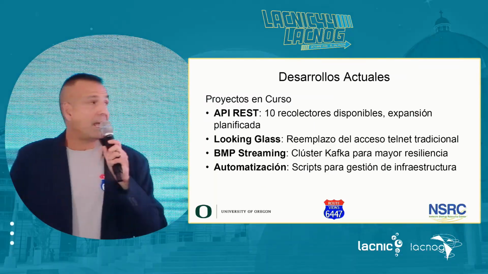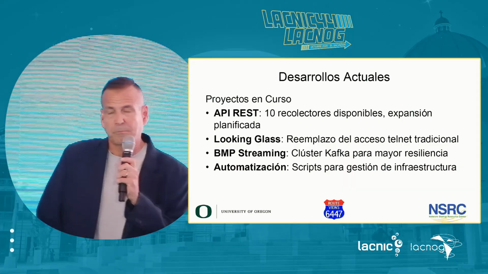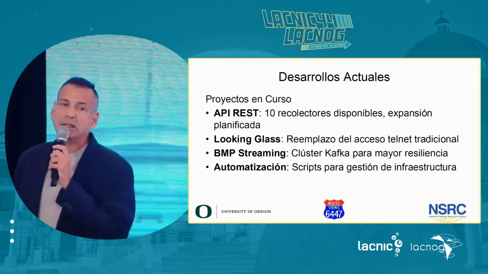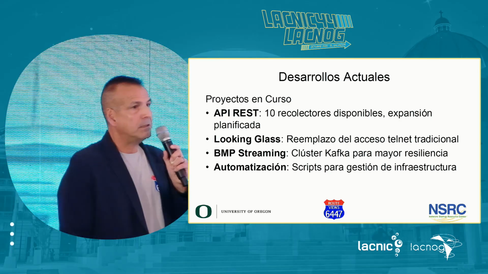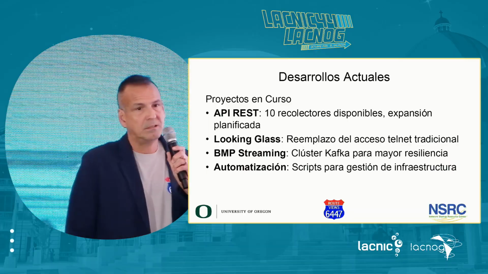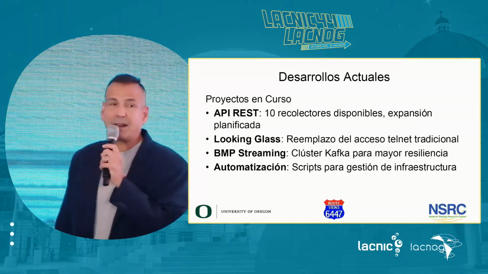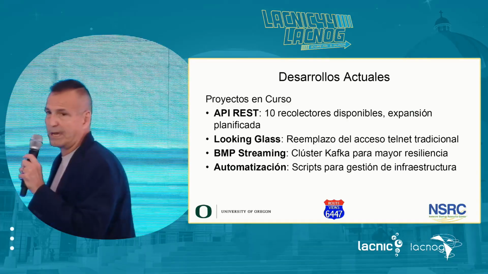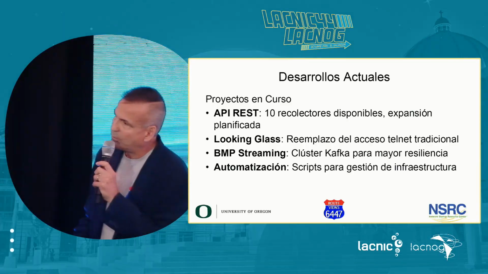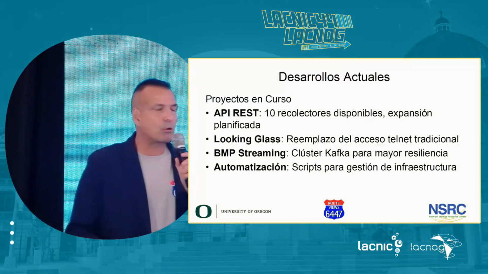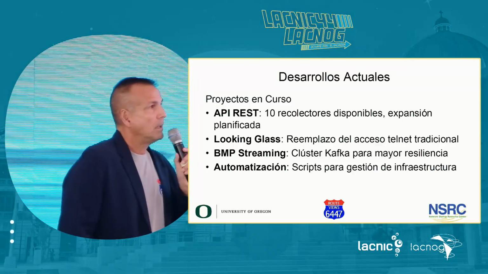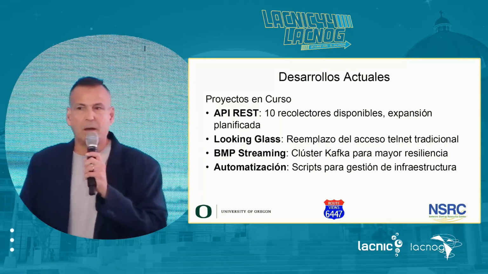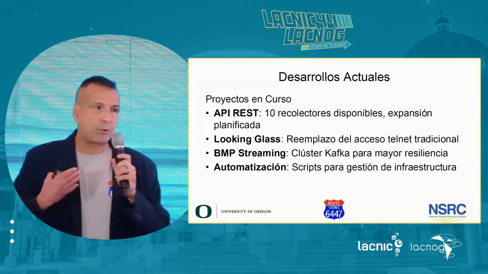So what are we working on right now? Right now, we are working on number one, trying to add more collectors to the global network. By adding new collectors, we have a policy or guidelines on how to collect and to see the type of requirements we need for connection.